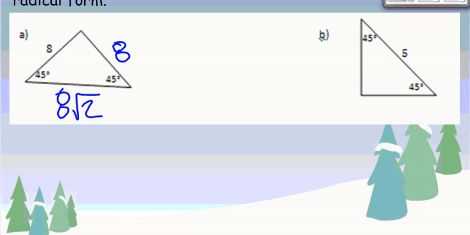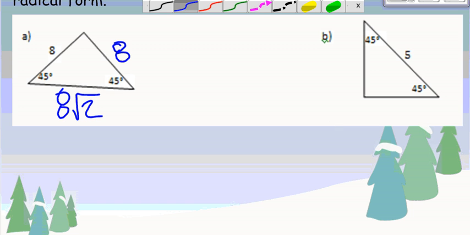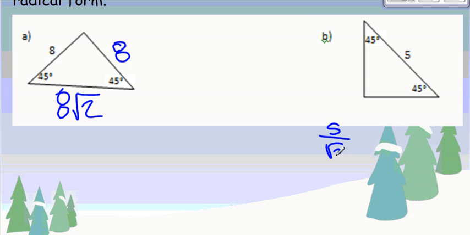All right, so the first one I filled out for you there, that one you should have gotten very quickly, right? You were given a leg that was just 8, so the other leg will be 8, and then we multiply for the hypotenuse by the square root of 2. Now the second one here, they've given us 5 as our hypotenuse, right? So if we have our hypotenuse, we're going to divide by that square root of 2.